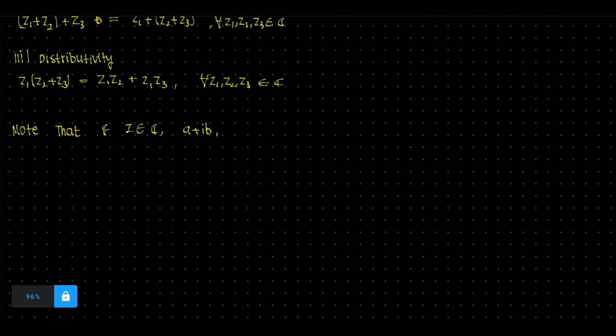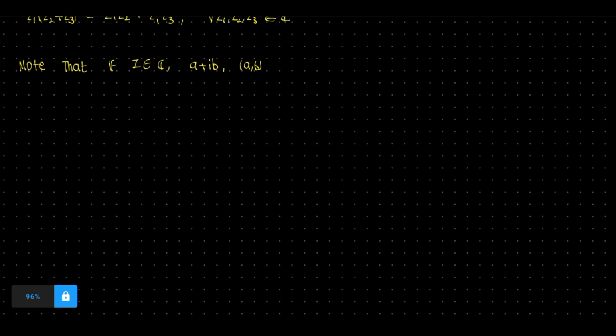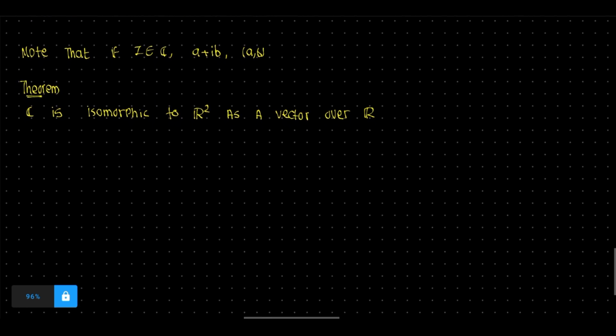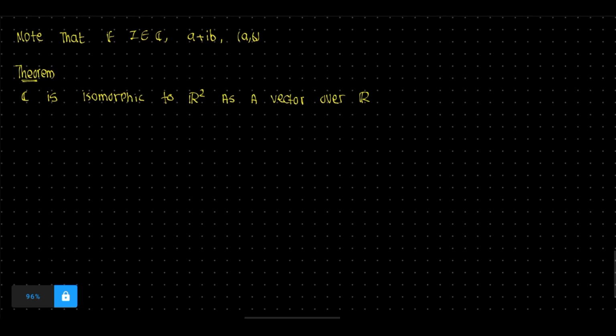But we can also represent this as a member of R2 as (a, b), which motivates our next theorem, which says that C is isomorphic to R2 as a vector space over R. This just means that there exists a bijective function from C to R2.